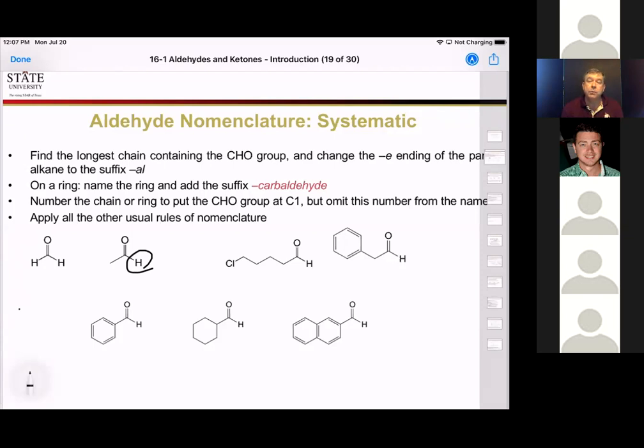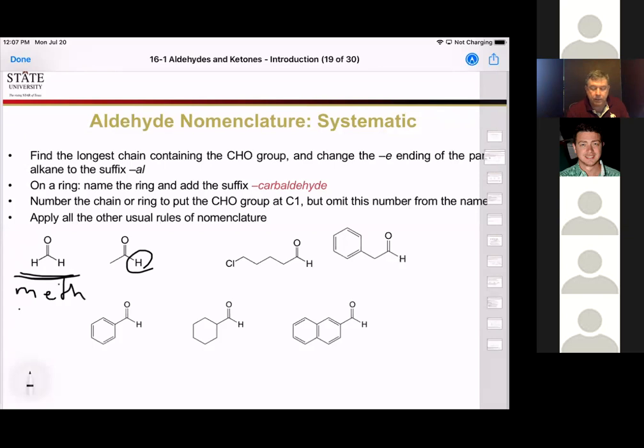So we'll find that longest chain, and then we're going to drop the E at the end of the alkane and turn it into an al. So for example, the simplest one we have here has one carbon in it, which makes it methane. So we'll drop the E and add al. So it'd be methanal.